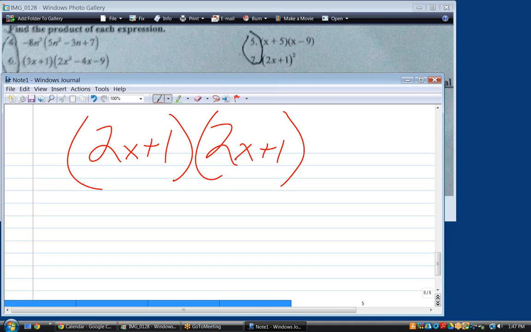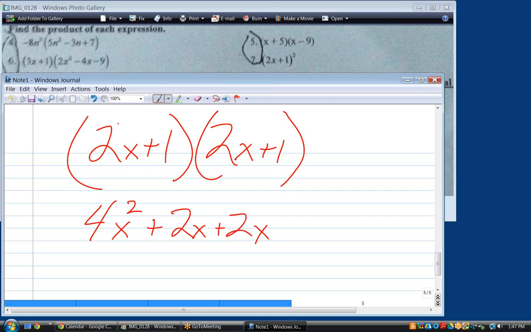So would it be 4x squared plus 2? Multiply every term by every term. So it'd be plus 2x, and then that would be plus another 4x squared. No. Oh, sorry.